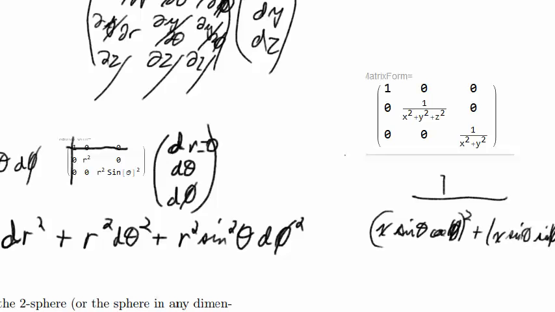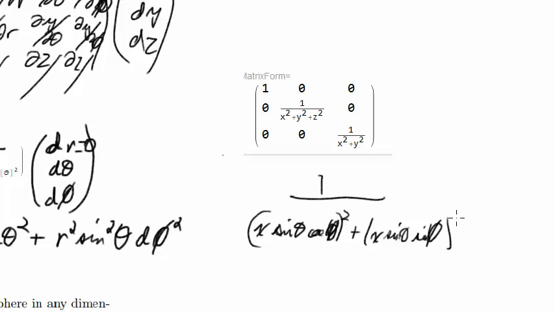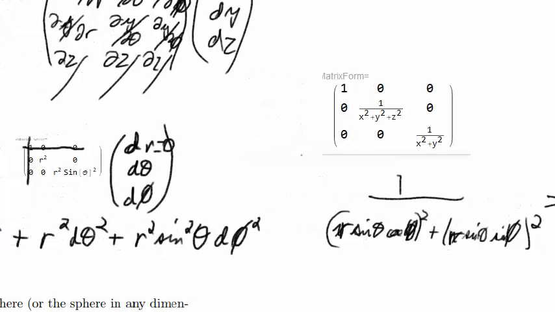And anyway, this is equal to 1 over r squared sine squared theta, which is exactly the inverse of this.